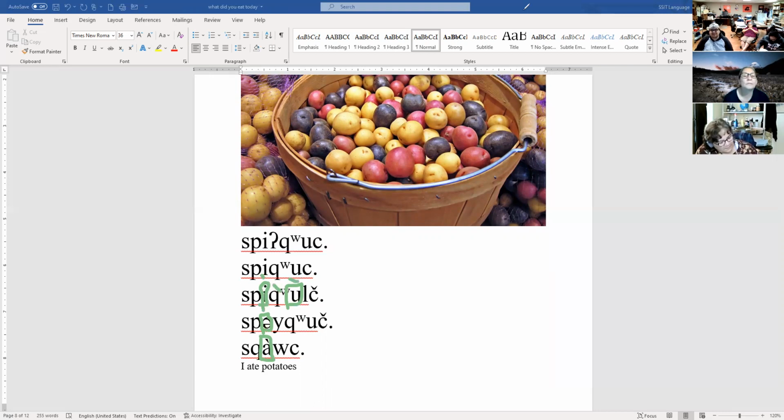But that just means you need to enunciate that one louder. So instead of just saying quotes, you'd say scouts. You enunciate the A. Scouts.